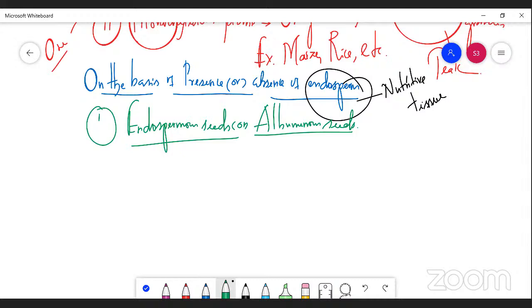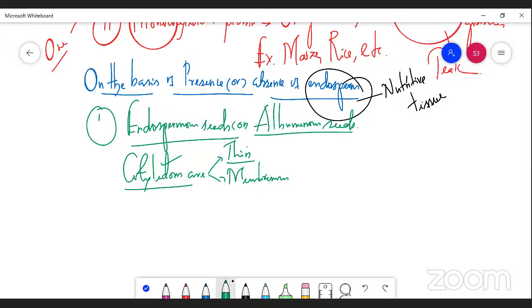What is the meaning of endosperm seed? Here the cotyledons are thin and membranous. The first emerging component is the cotyledon, and the cotyledons are thin and membranous.